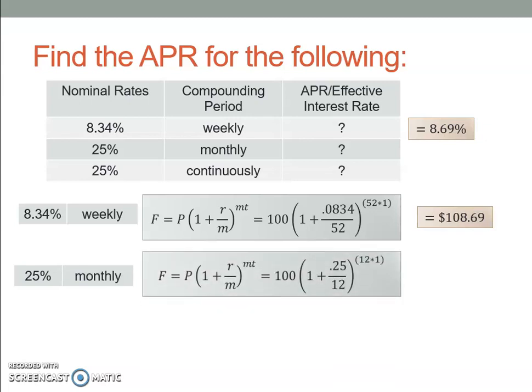What if it's 25% monthly compounding? Same formula, same principal amount, 100. The only thing different now is instead of 8.34%, we replace it by 25%. And in decimal form, that's 0.25. Since it's compounded monthly, there are 12 months in a year, so M becomes 12, and the top part will say 12 times 1.